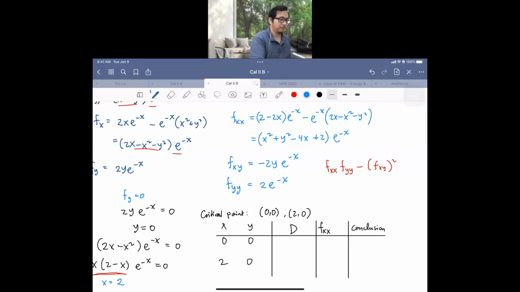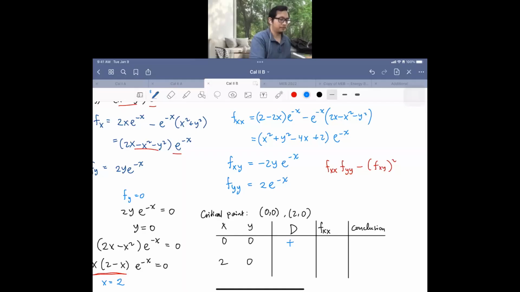It's positive. If we check yy, this will be 2, xx is also 2, right? Because all the other terms will be 0, so this will be positive, and this will be also positive.